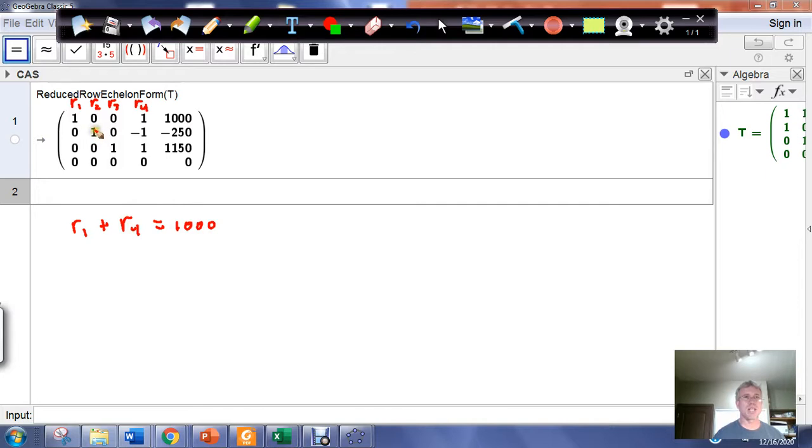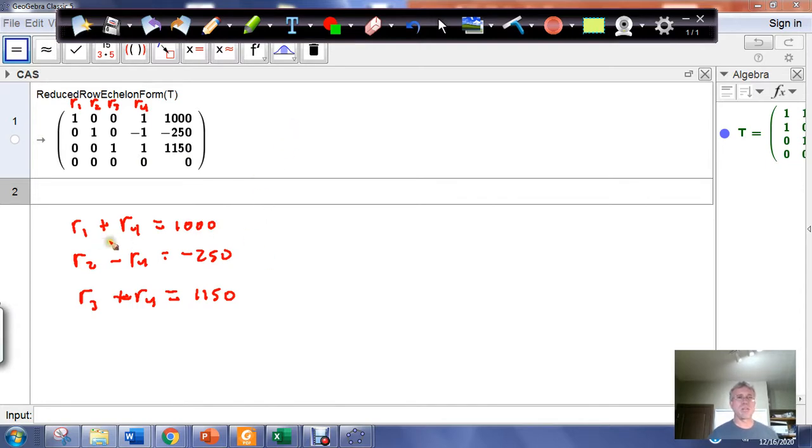This guy here says 1 road 2 minus road 4 equals negative 250 from right here. And this says 1 road 3 plus road 4 has to equal 1150, and the last row is all 0, so I don't need to do any interpretation there.